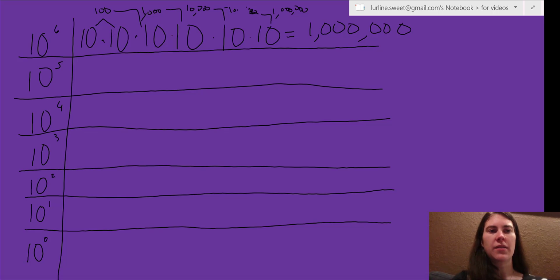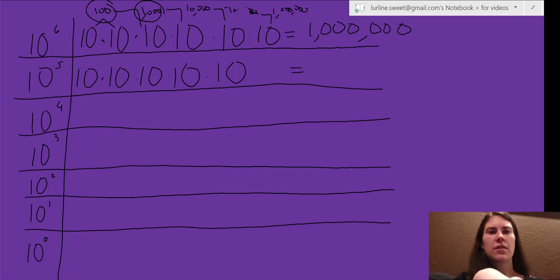The next one says 10 to the 5th power. That means the base, 10, times itself 5 times. All right, so that's 100. Times 10 again is 1,000. Times 10 again is 10,000.